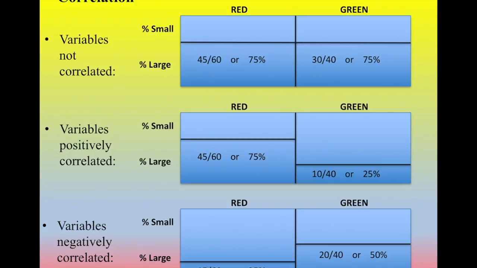So you can think of the three different rectangles as each showing a different jar of marbles. On this first rectangle, you see two variables being represented. Across the top, you see the variable color with the two values red and green. On the side, you see the variable size with the two values small and large.